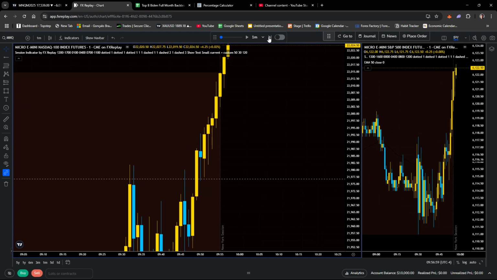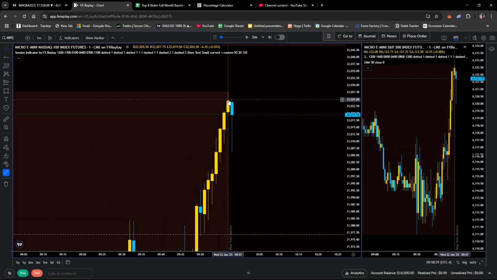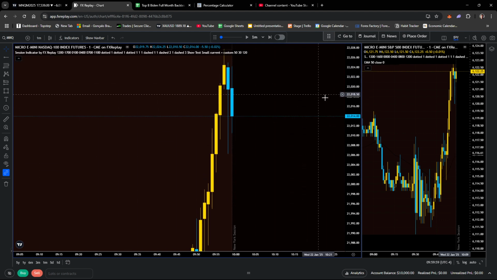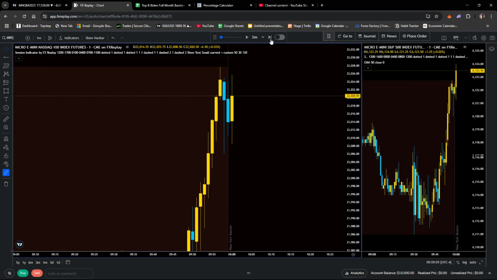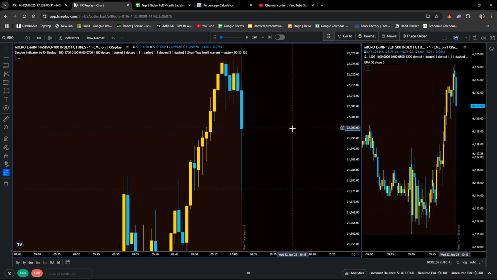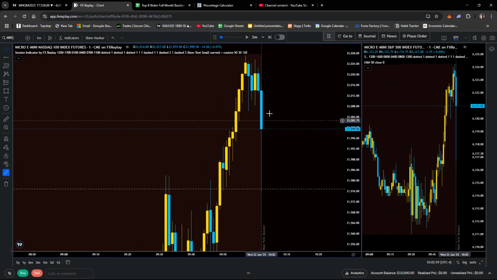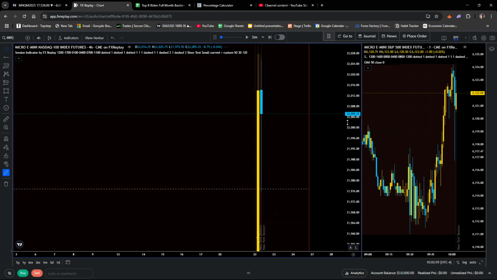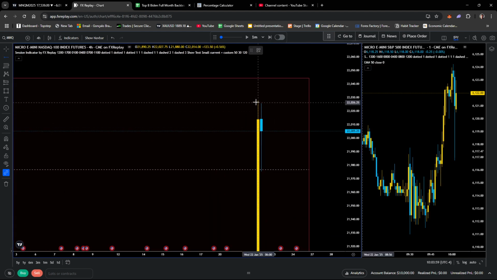If it wants to pull back, nah, not interested. So new 10 a.m. candle. We do want it to resweep the high now.